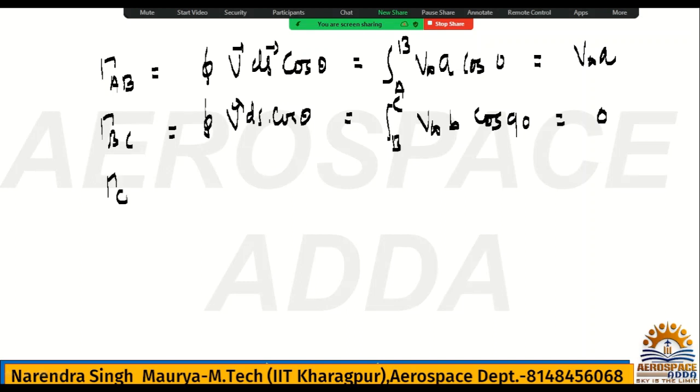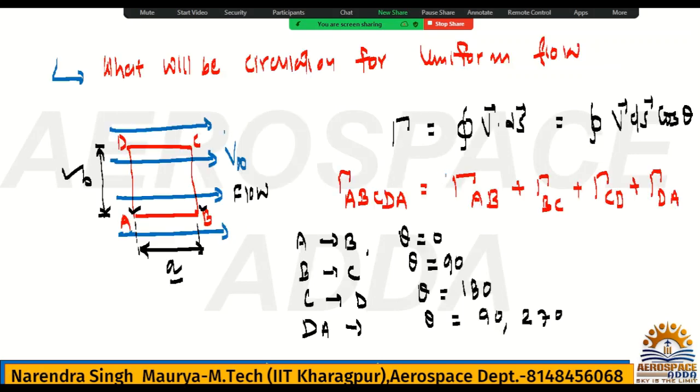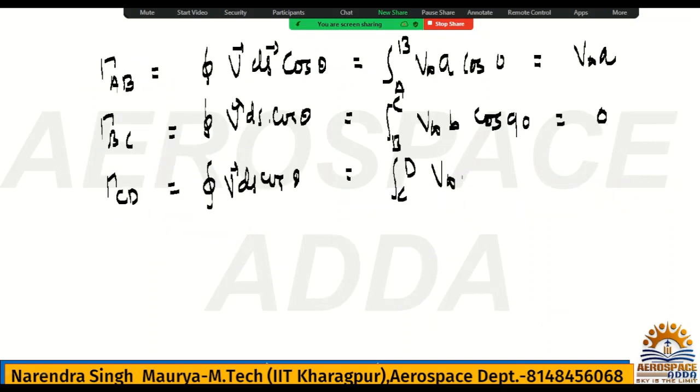Similarly, go for CD. Velocity is V infinity, the side is A, and the angle is 180. Cos 180 is minus 1, so you will get minus V infinity A.